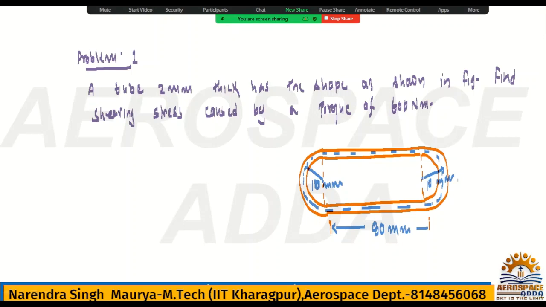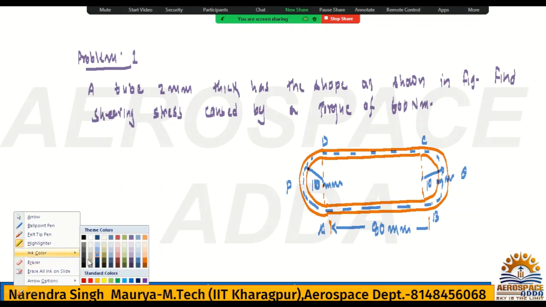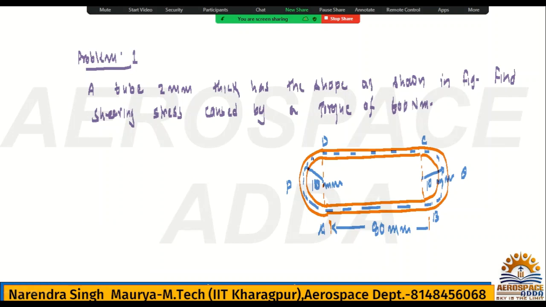So how to get the problem? It's very simple only. If you want to calculate the area, see, say A, B, C, D, and P and Q. So A, P, D and B, Q, C is a semicircle. If you calculate the closed cell area, you have to mark that. You always have to draw the hash line from this median line.